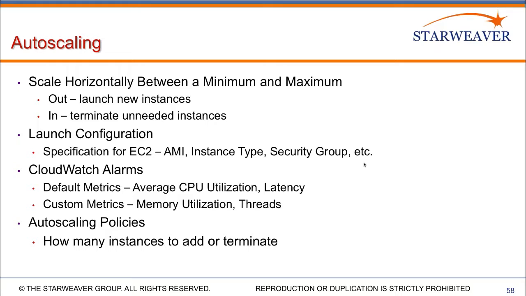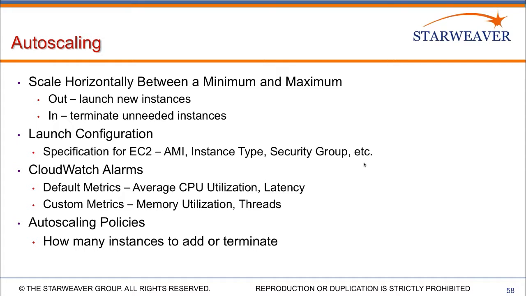The next thing you need is to monitor your instance load with CloudWatch. And CloudWatch is a service from Amazon that does real-time monitoring of metrics. For example, average CPU utilization, latency at the load balancer, or your own custom metrics, such as how much memory the instances are using or how many threads.